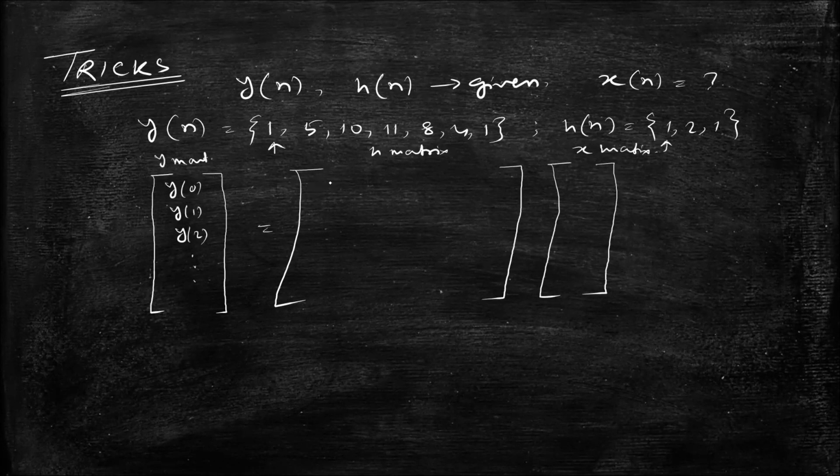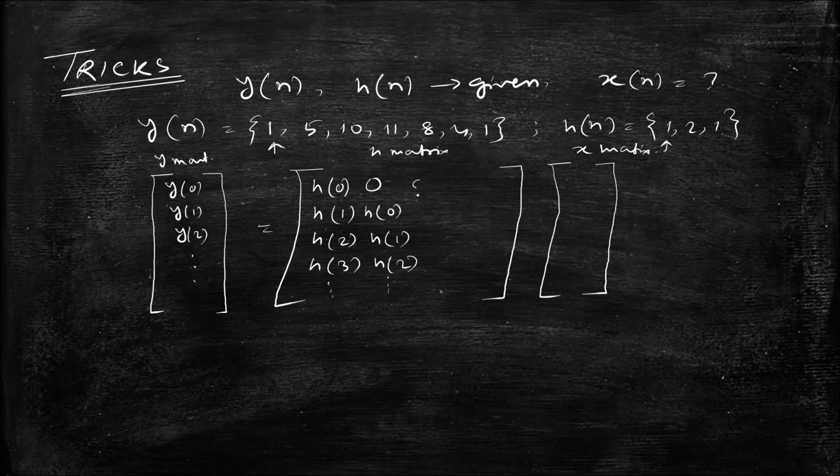And in the H matrix, H of 0, H of 1, H of 2, H of 3, and so on. Diagonally you have to choose, the rest is 0. Now H of 0, H of 1, H of 2, and so on.